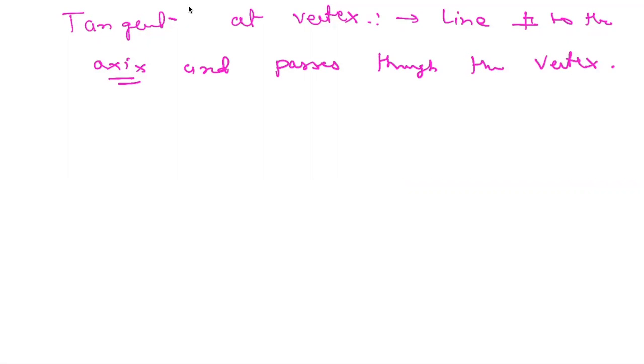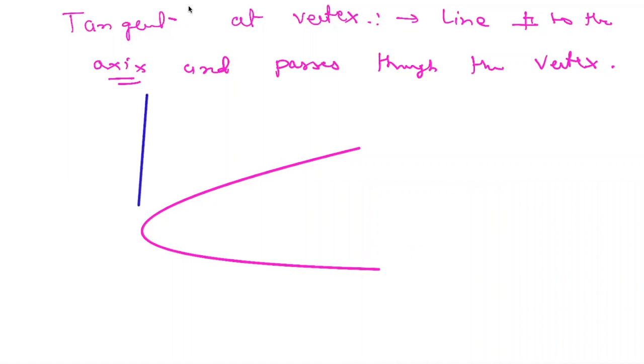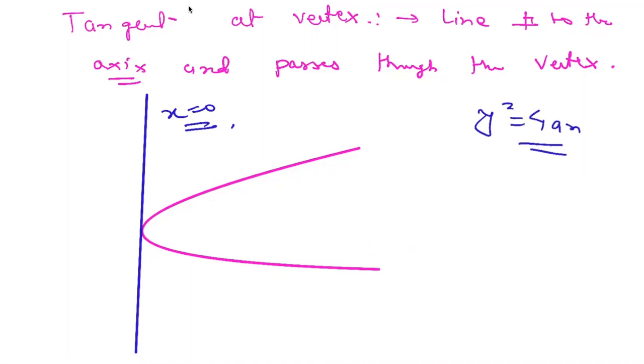So you can see there, if this is the parabola, the tangent at the vertex will be something like this. So this is the y-axis, so x is equal to 0 will be the tangent at the vertex for the case of y square is equal to 4ax.